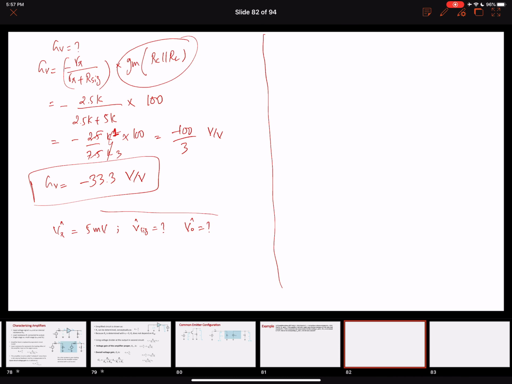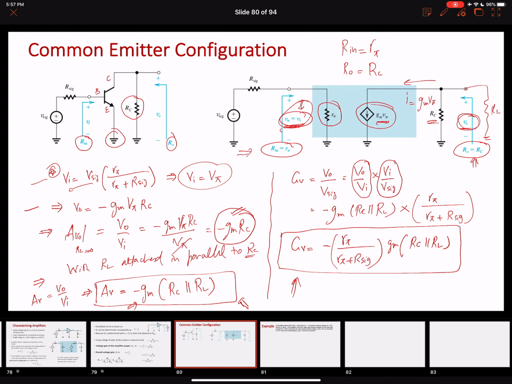Interestingly, let's go back over here and see that our input voltage is equal to V pi. If we use this voltage divider equation, we can easily find the value of V signal. We know the resistances, R pi, R sig, and we know the value of Vi, which is V pi, so we can find the value of V signal.